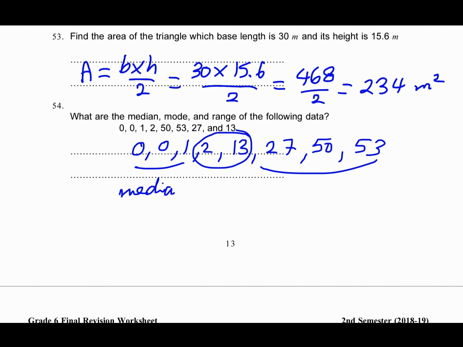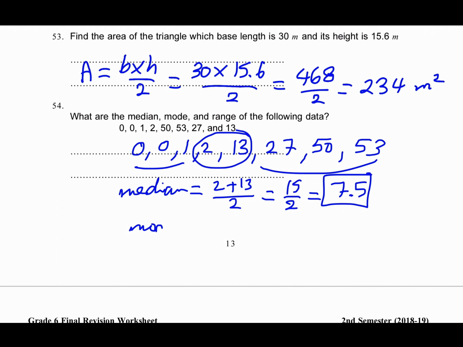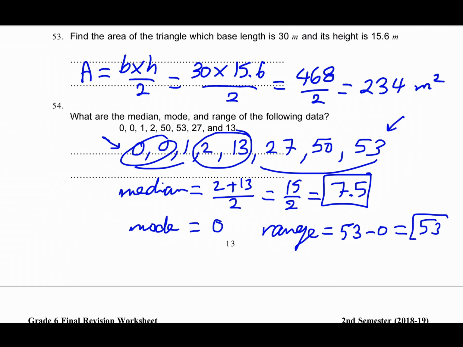So the median equals 2 plus 13 divided by 2, which is 15 divided by 2 equals 7.5. The mode is the most repeated value, which is 0. And range, the difference between the greatest and the lowest. So it's 53 minus 0 equals 53. So we have now median, mode, and range.